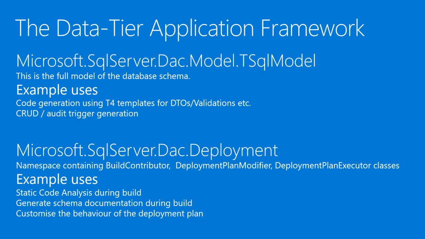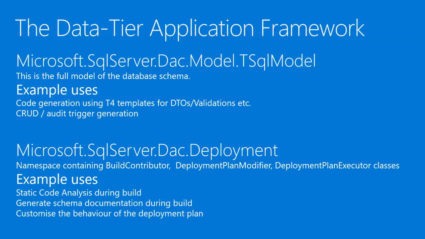Then we have the namespace DAC deployment. So this is where things get really interesting. So what we can do with DAC deployment is modify the build output. We can modify the deployment plan. So when we build our project, we can put stuff into the output DACpack, or actually stop certain things getting into there in the first place.